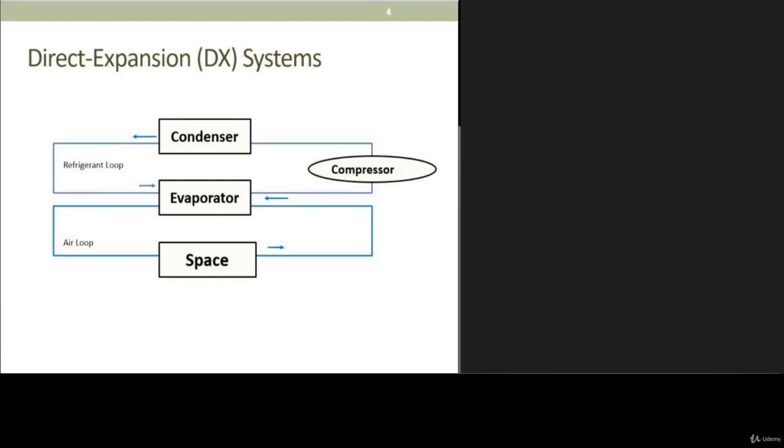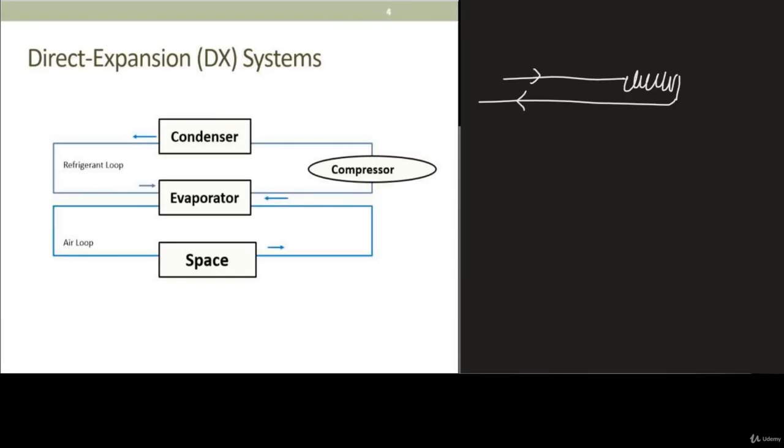So your evaporator, which is the cold side, the low temperature side, will be used to cool down your space, the air. So what you have is cold refrigerant going in, passing through a cooling coil, and finally leaving the room.